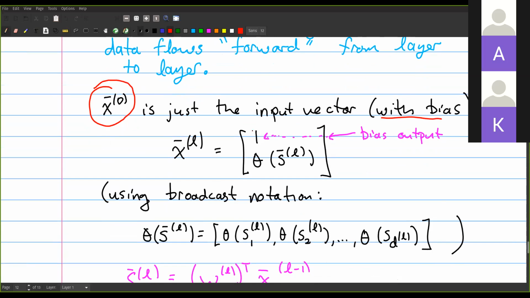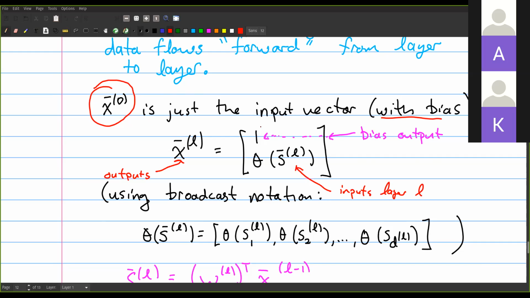So now there are these recurrences that explain how to get from the previous layer to the next layer. Remember what these are: S_L is the inputs to layer L, and X_L is the outputs from layer L. So to get from the inputs to the outputs, remember the bias node does not have an input.